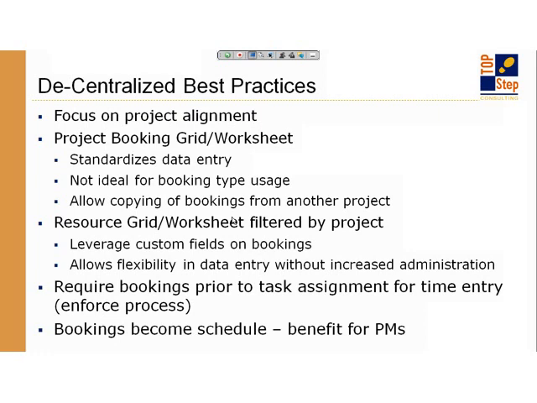Some of you may have it called booking worksheet, depending on when you received your system from OpenAir. And that is a nice entryway to start resource management because it standardizes data entry. What do I mean by that? The booking grid configuration at the project level can only be in weekly or monthly or quarterly increments.